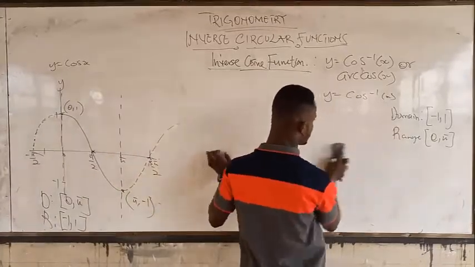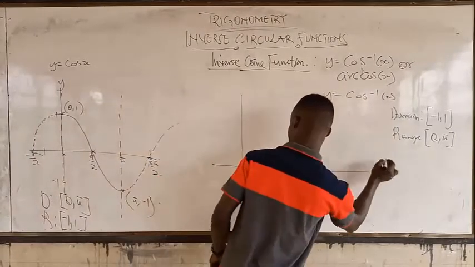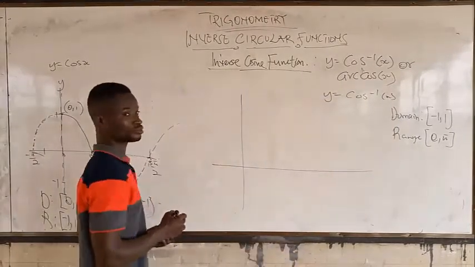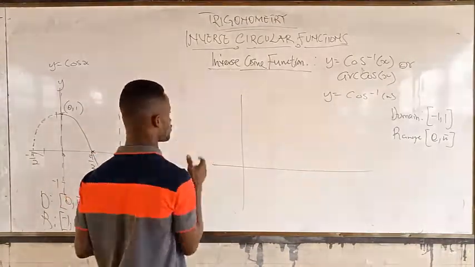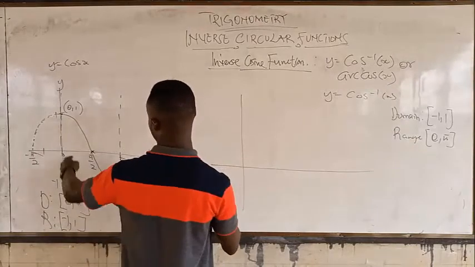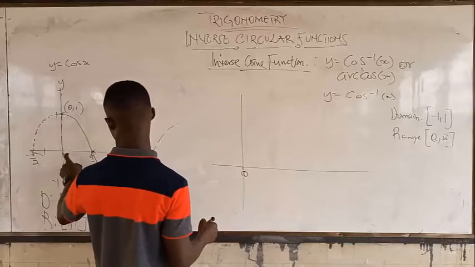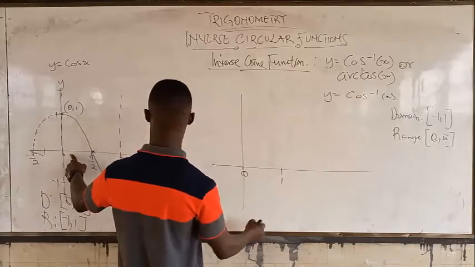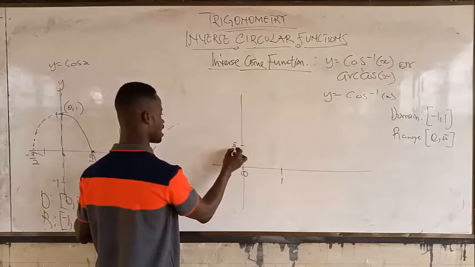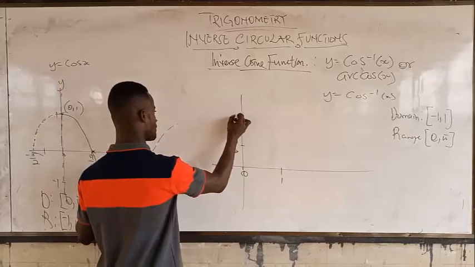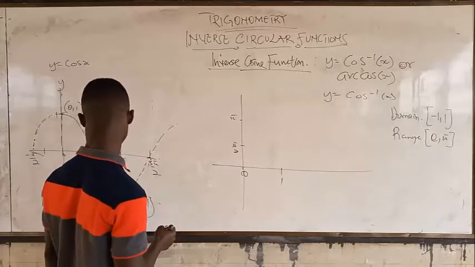Now, here we are going to get only positive values. 0, okay, so that is 1. Then pi over 2, and pi is here, and that is what we are going to get.